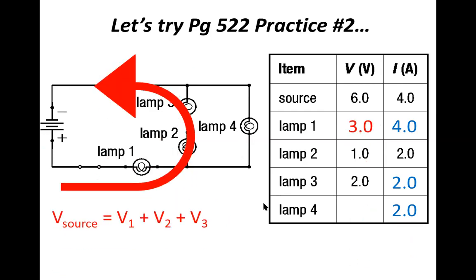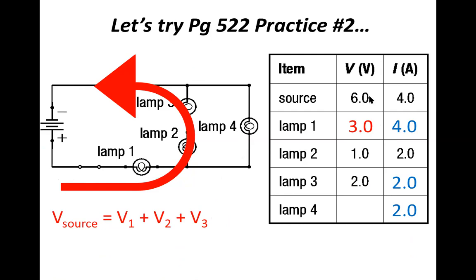Then if we apply KVL, we have the source, which is like the total, equals V1 plus V2 plus V3. So we followed along this electron path and we got this statement, and that allows us to solve for V1.